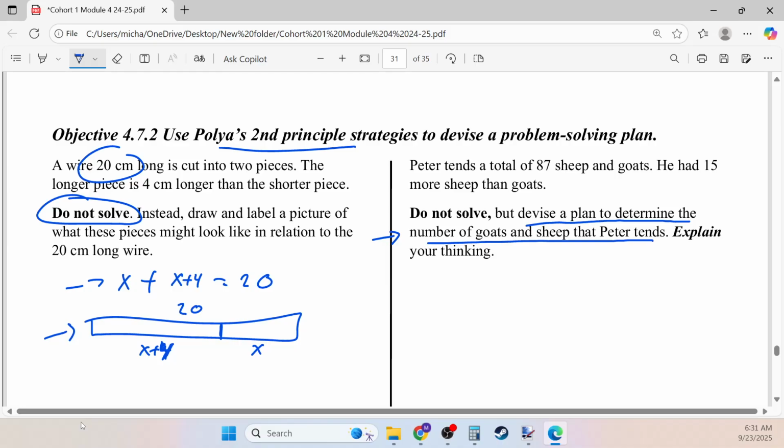I would say an equation counts as a plan if you want it to. Peter tends a total of 87 sheep, so there's 87 total sheep and goats. He has 15 more sheep than goats. So if we have this many goats, then he has 15 more than that for sheep. And if we solve this, that's not how we solve.